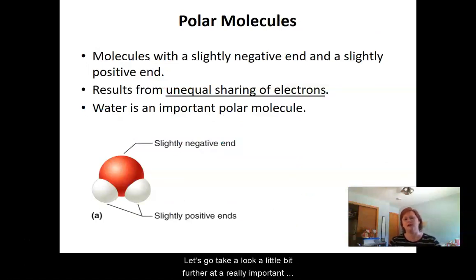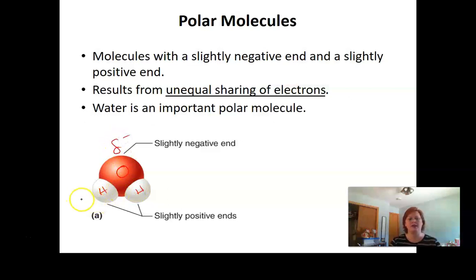Let's take a look a little bit further at a really important polar molecule, water. So water is important because we have this big oxygen and these little hydrogens. And that big oxygen ends up hogging the electrons, so it's a little bit negative. And your hydrogens are a little bit positive.